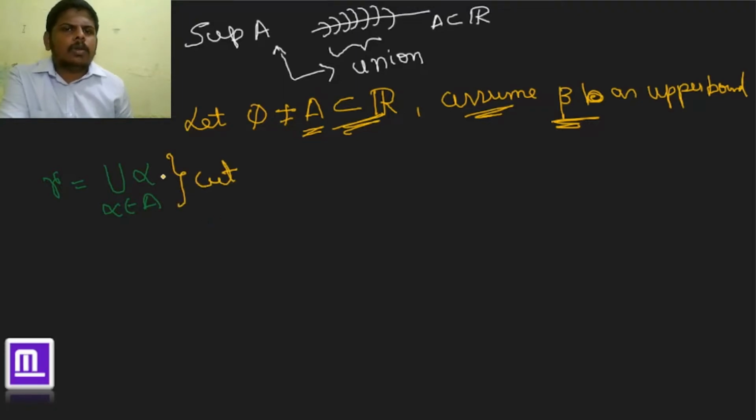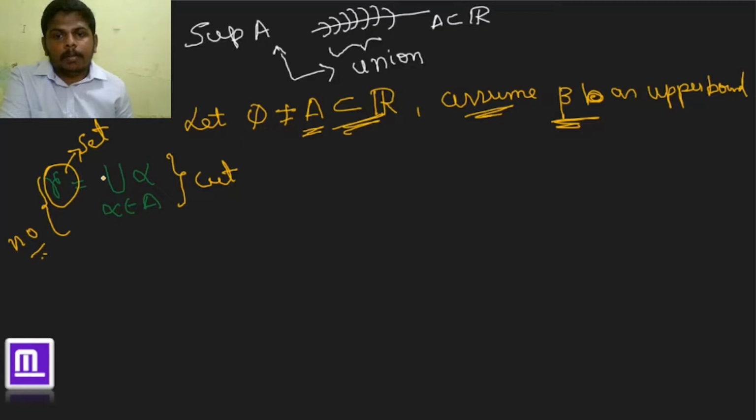Why? In the last video we just saw that this is a number, but what is the guarantee this is a number, or this is a cut? This is definitely a set, but for this to be a number, it should be a cut. So for that we need to prove properties number 1, 2 and 3.